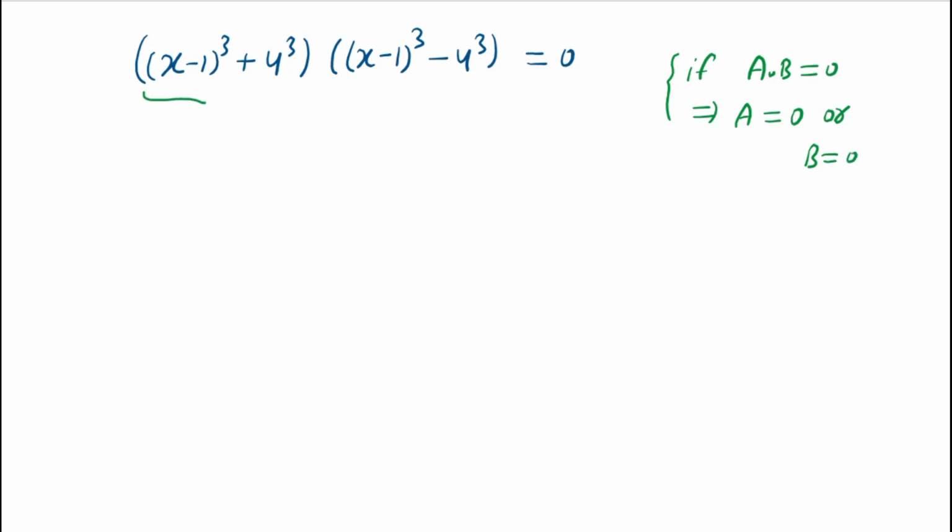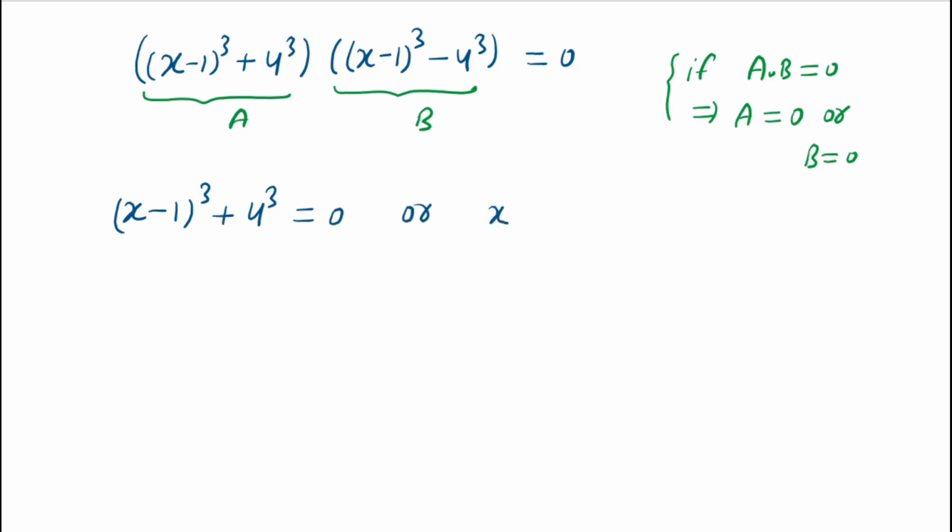Then this expression is a and this expression is b. If we apply this rule, then you can say (x - 1)^3 + 4^3 equals 0, or (x - 1)^3 - 4^3 equals 0.